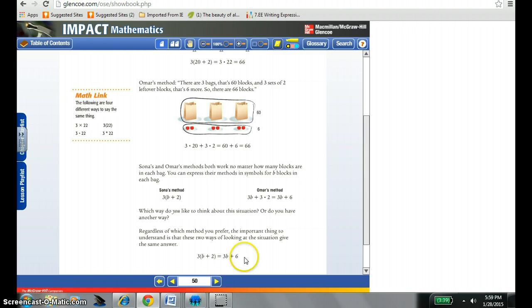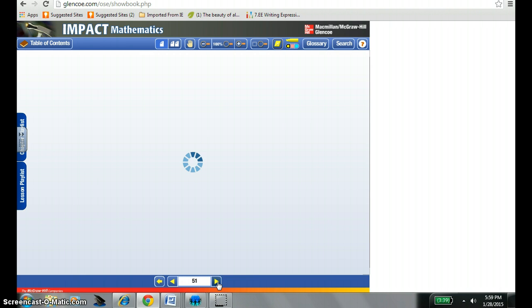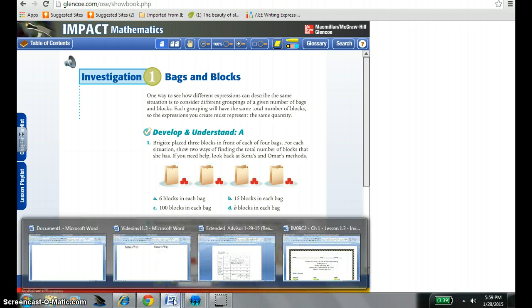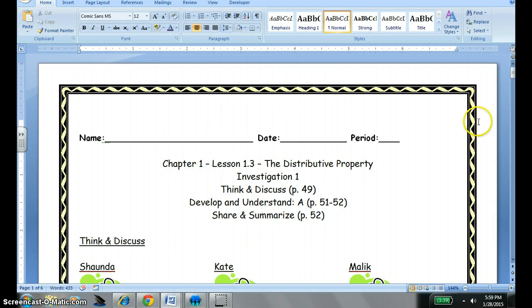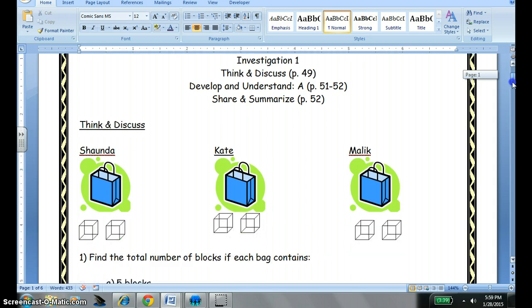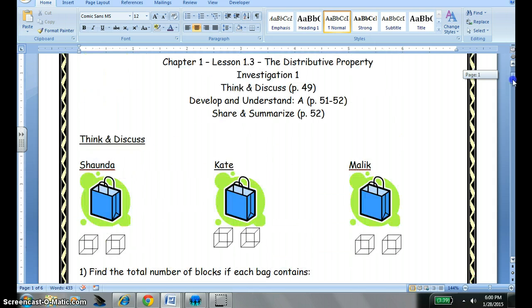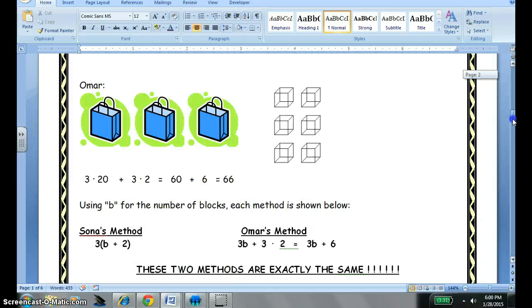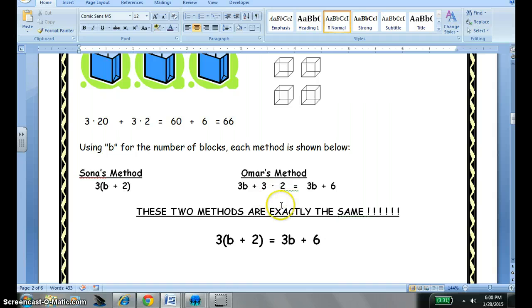So now I'm going to take a look at your problems here, and I'm going to go to your investigation. So here you are, and we're going to scoot down. There's Shonda Kate. This just outlines again what we just talked about. Look, these two methods are exactly the same, many exclamation points.